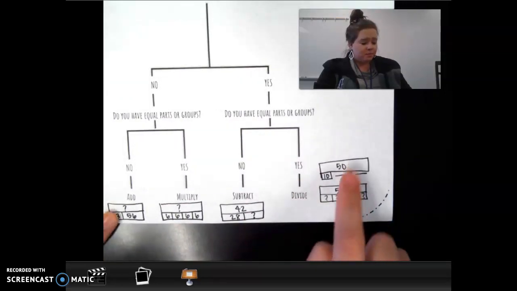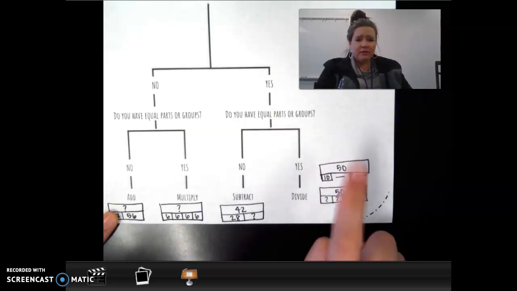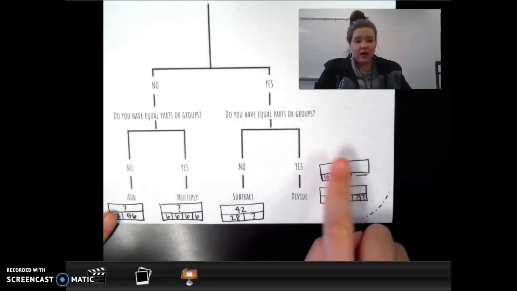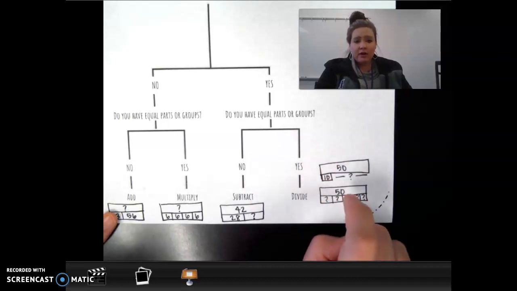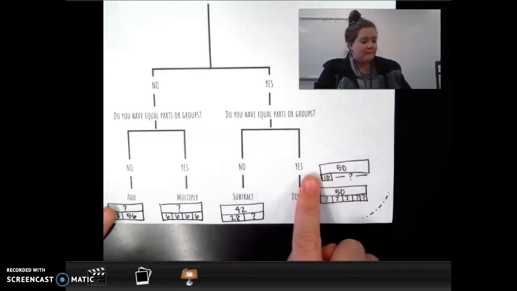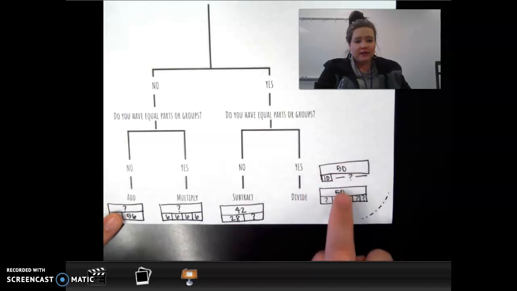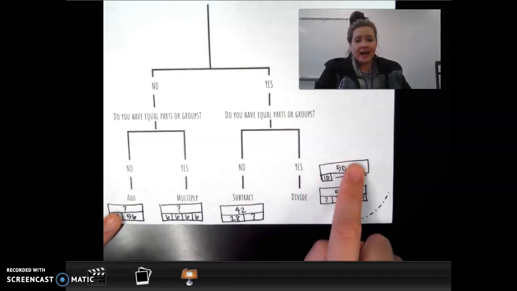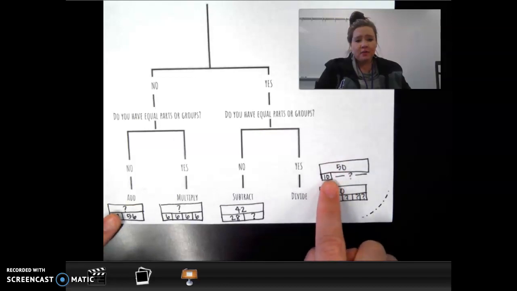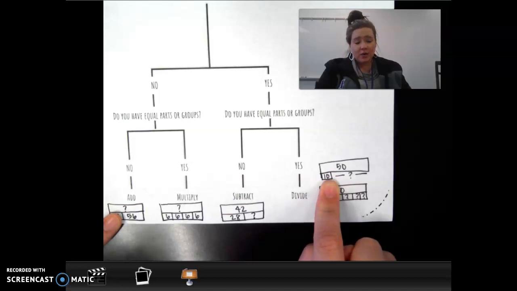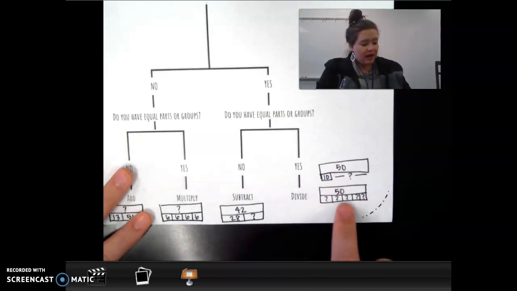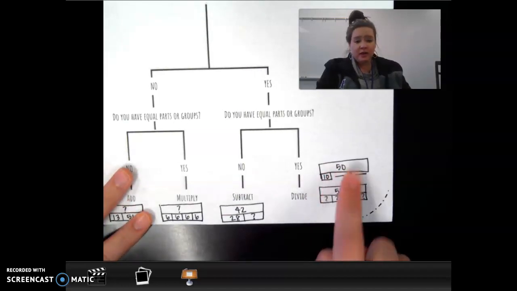So you're dividing. Now, there are multiple ways that a division strip diagram could look, okay? But these are two examples of what a division strip diagram is going to look like, all right? I know my total in division, so I know my total in both of them. But in this one, I know my group size, okay? Notice how I don't have groups down in this one like I do in this one.